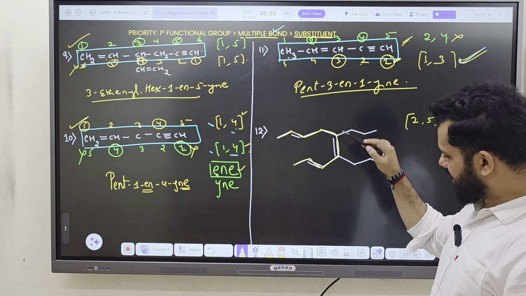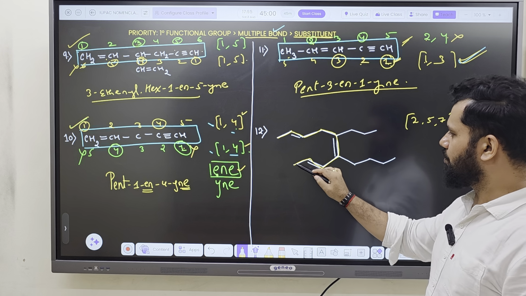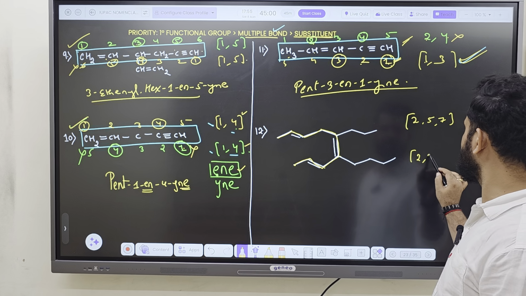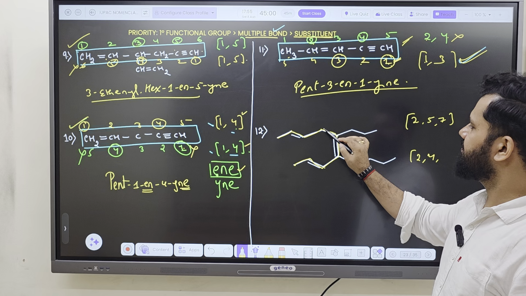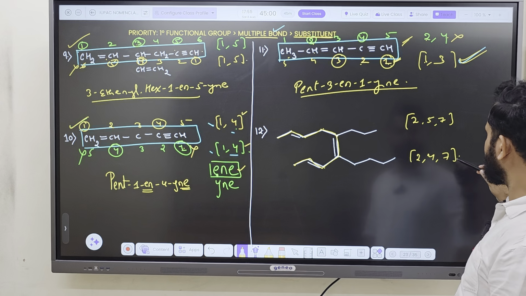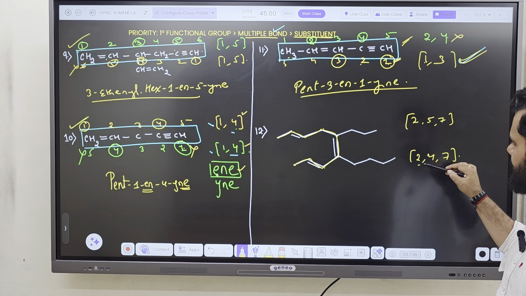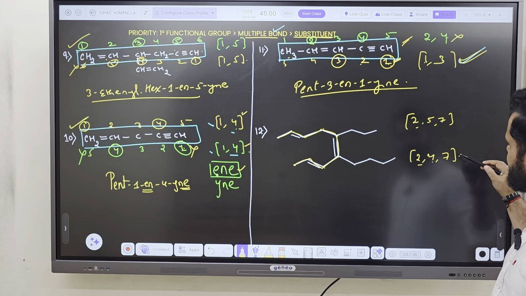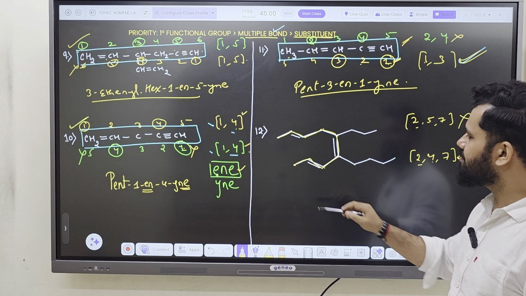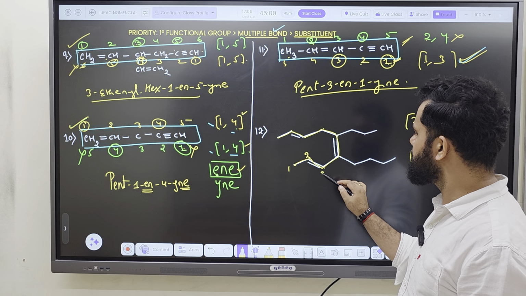But if I go the other way, 1, 2, at second position there is a double bond, 3, fourth position there is a double bond, 5, 6, 7. So I will choose, see, 2, 2 same, 2, 2 same, 4 is less than 5. So that means this is correct, this is wrong. So I must number it from this side.